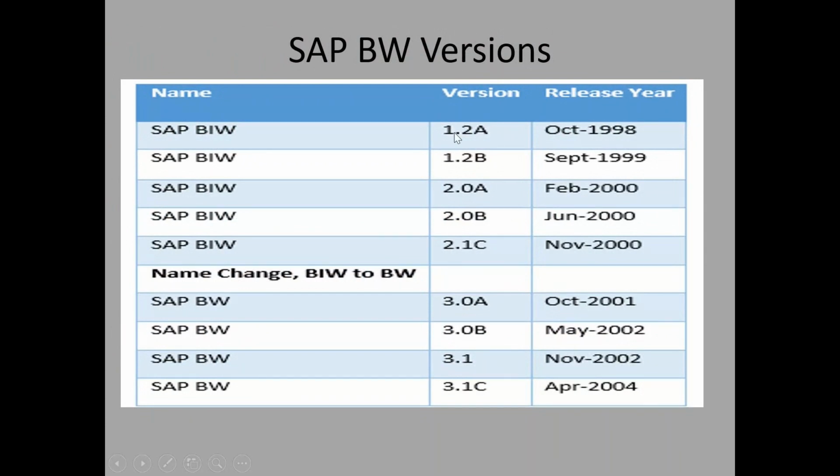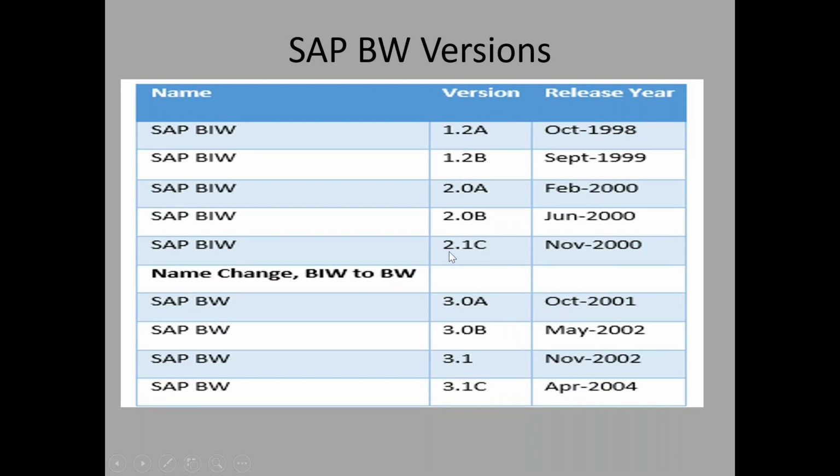The first version released was 1.2a. By that time they were calling it Business Information Warehouse, BIW, which is basically a data mining tool. Through 2.0b, 2.1c and so on, till 2.x, we were calling it BIW, Business Information Warehouse.